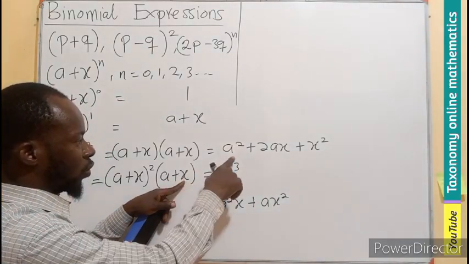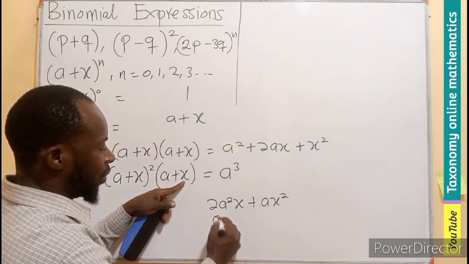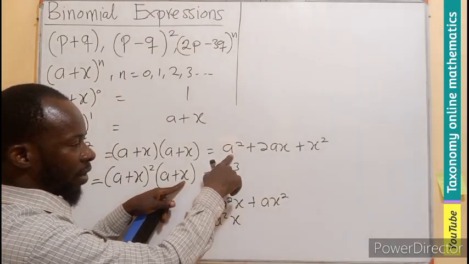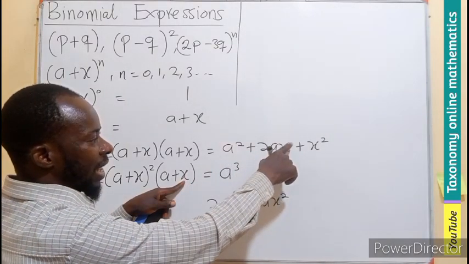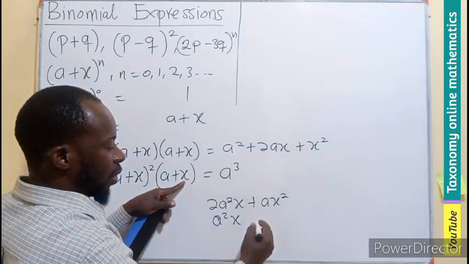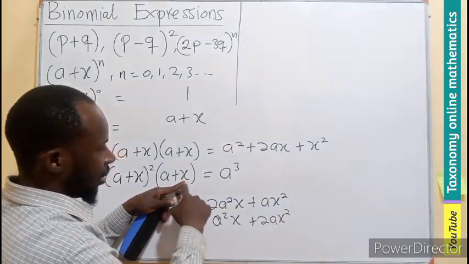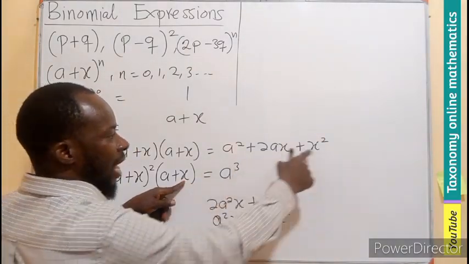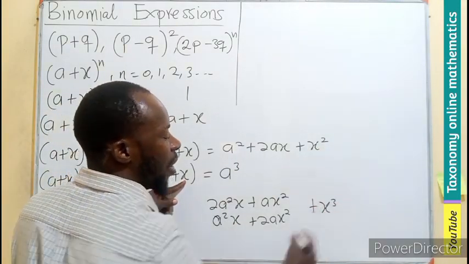Then this is also going to multiply here to give us our a squared x. Don't forget this is always squared, right? Then this is also going to multiply, increasing the power of x to become 2a squared, as you can see in that case. Then x times x squared will give us x to the power 3.